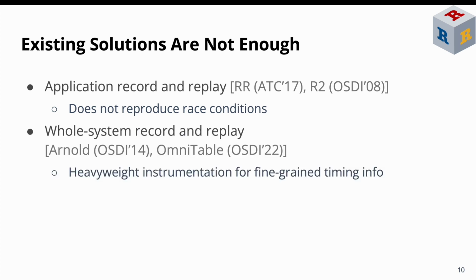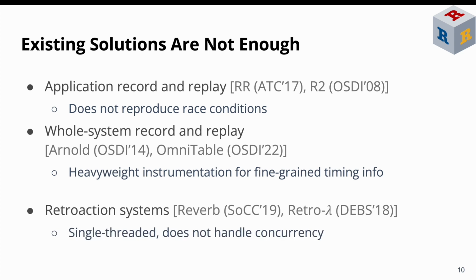Host system replay tools often require heavyweight instrumentation to track fine-grained time information on concurrent data accesses. None of the above systems support retroaction. Existing systems that support retroaction are usually single-threaded and cannot test concurrency issues. Then how can we make time travel practical?